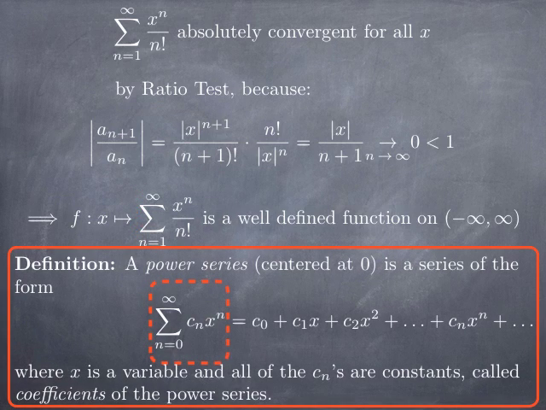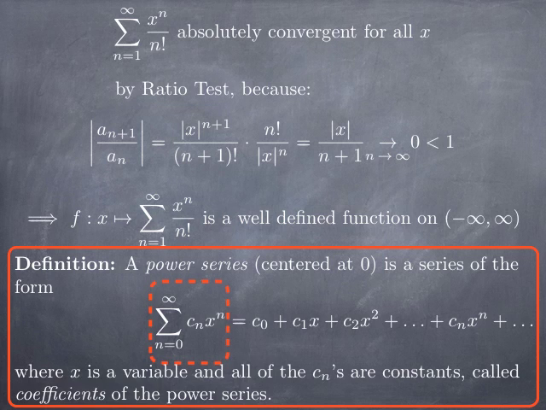And a power series, in the case centered at 0, we'll see a more general presentation of them later on, is a series that takes the form of essentially a polynomial of infinite degree. So it's a sum from 0 to infinity of a coefficient that depends on n, it varies with n, multiplied by x to the n.